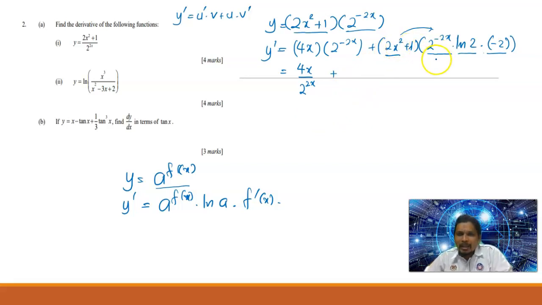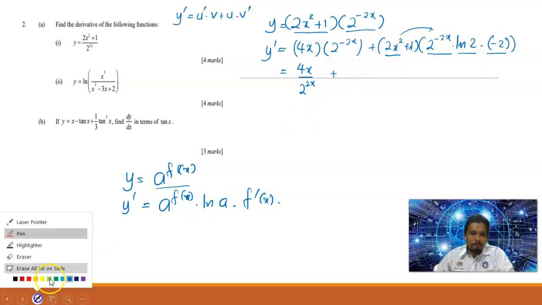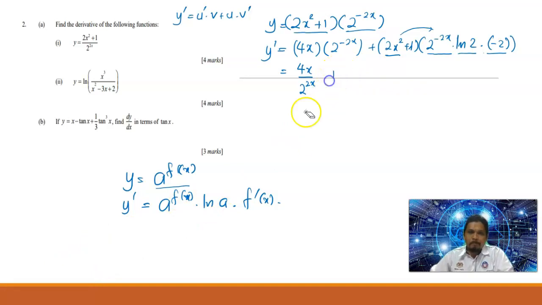I think that for this one, negative 2, we can multiply with 2x squared. So negative 2 times 2x squared, it should be negative. 2x squared times negative 2 is negative 4x squared.